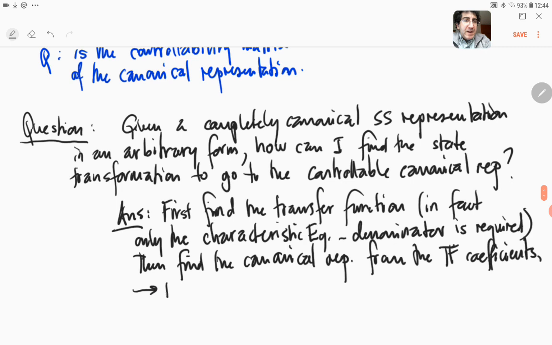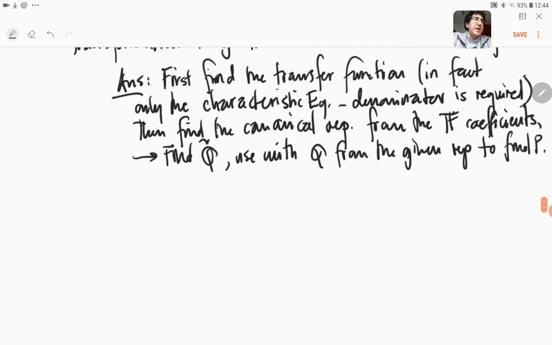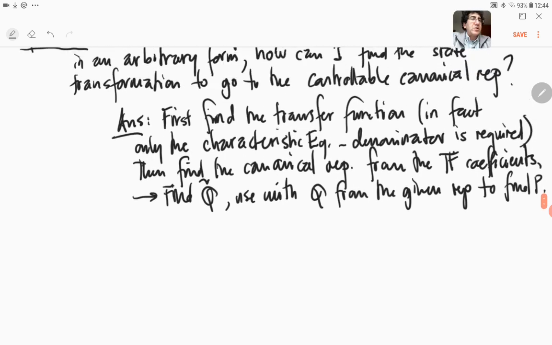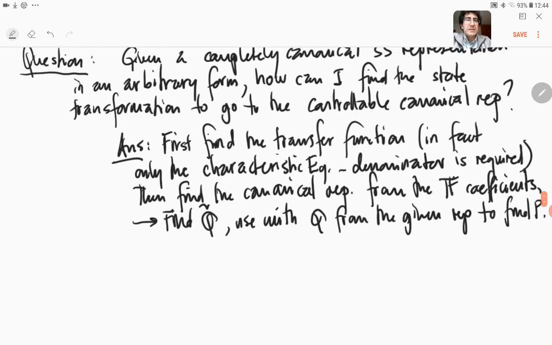Then find, therefore, Q tilde, and use it with Q from the given representation to find P. Okay, so that's the verbal summary of what needs to be done in order to find the similarity transformation P.